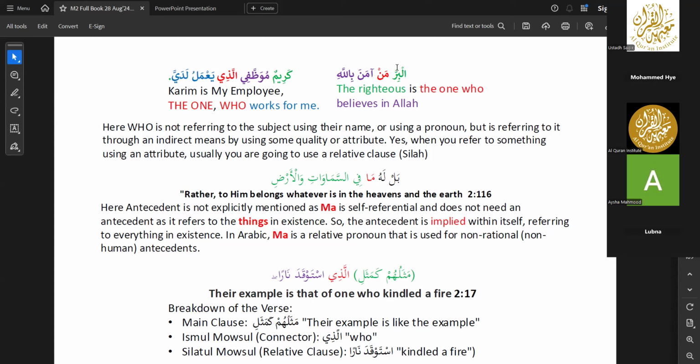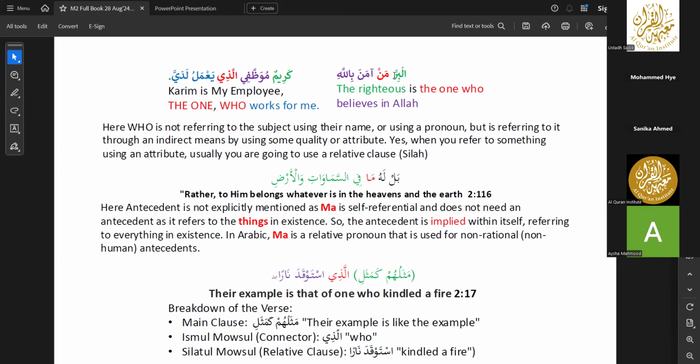So let's unpack this one. What's al-birra? The righteous. Mubtada. Man also is referred to as mubtada.